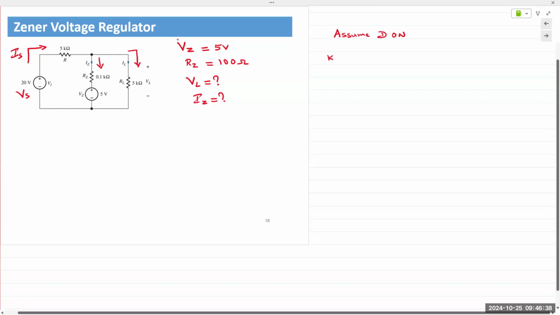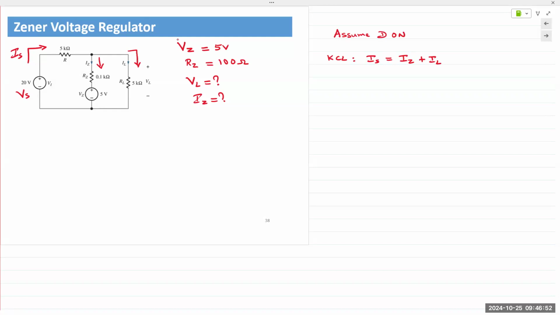Apply KCL. Source current is split between the Zener and load resistor IL. And we'll plug in all values in terms of VL.